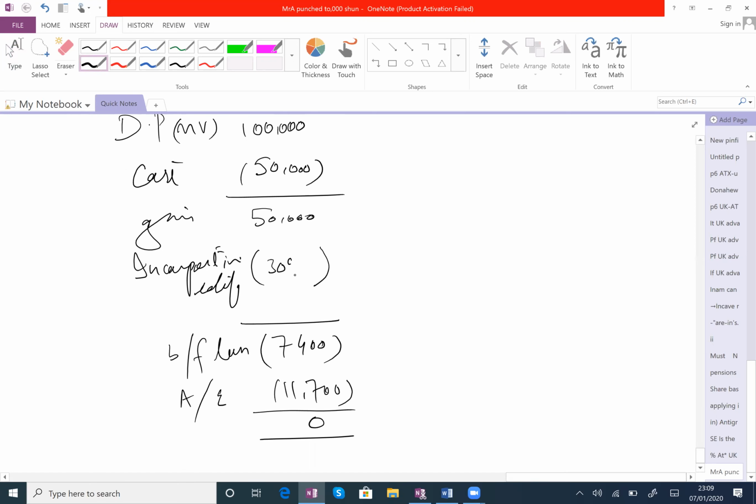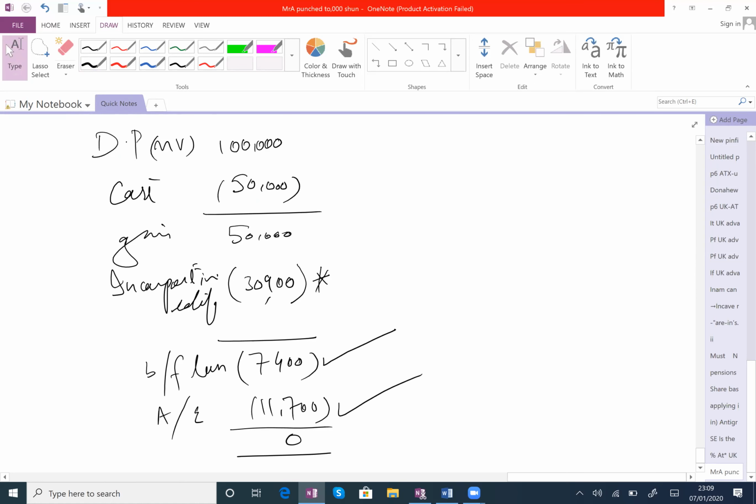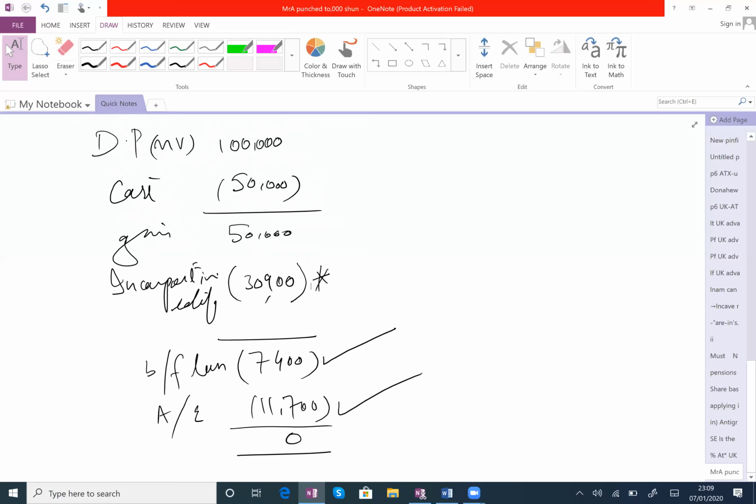Yes, 30,900. You cannot normally make the incorporation relief partial. But for tax planning purposes, you want to utilize the 7,400 brought forward loss and 11,700 annual exemption. That's why you are making the incorporation relief 30,900, partial, right?